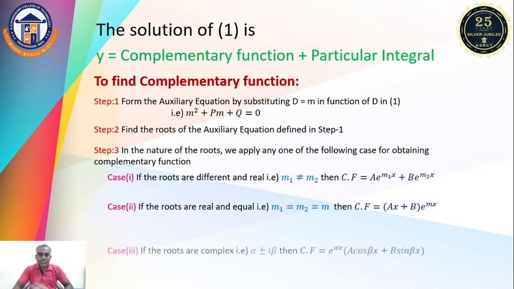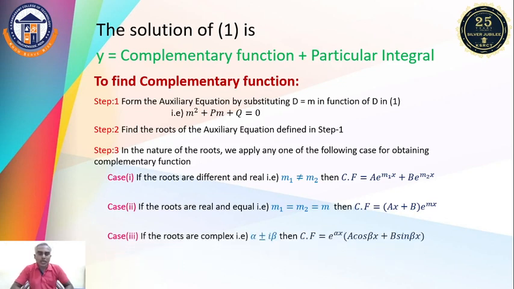Then case 3: suppose the roots are complex, that is in the form alpha plus or minus i beta. In this complex number, alpha is the real part, and beta is the imaginary part, that is the coefficient of i. So in this representation we get the roots.